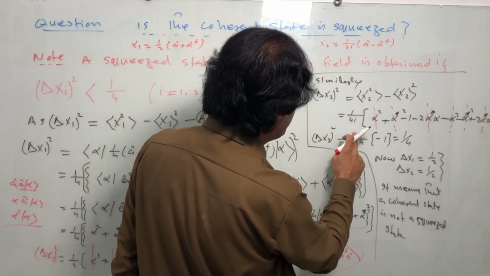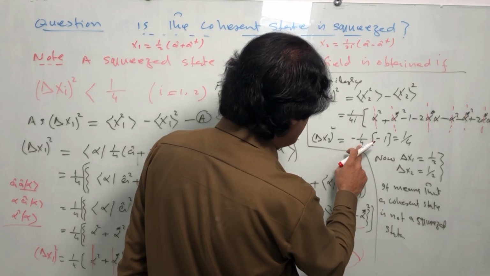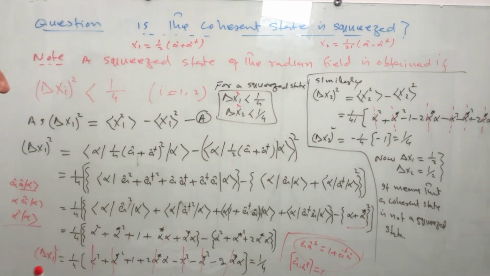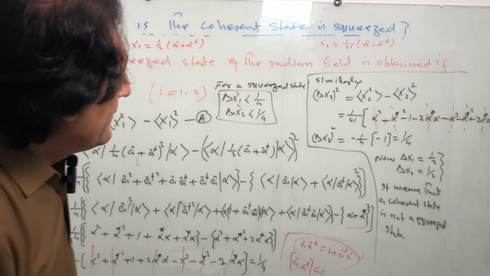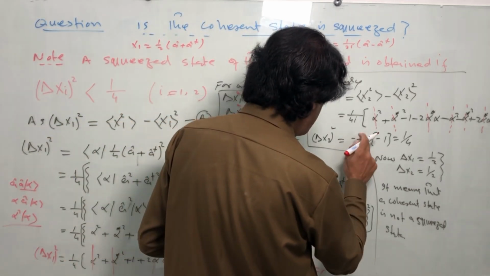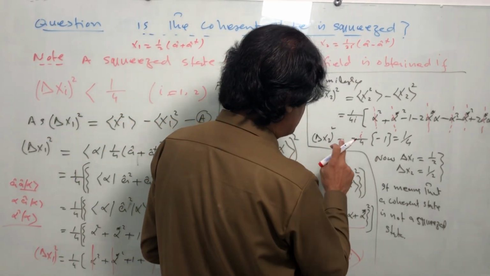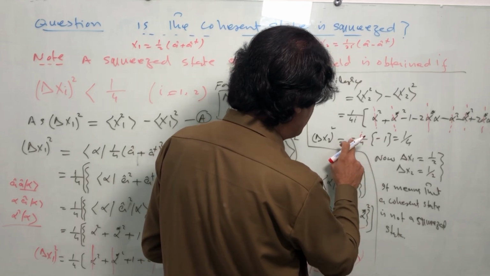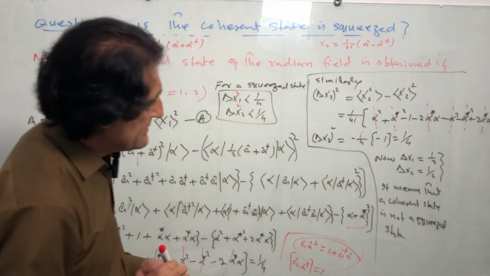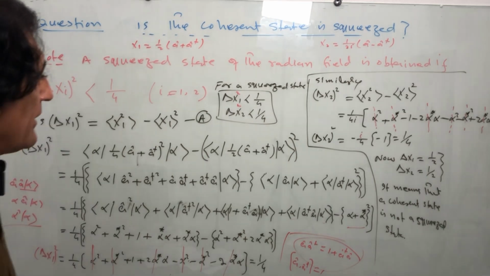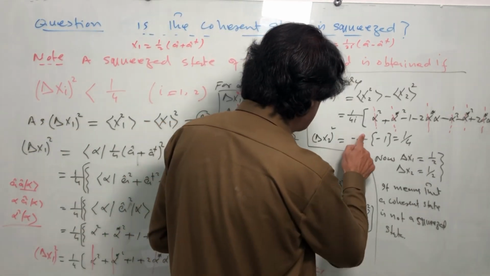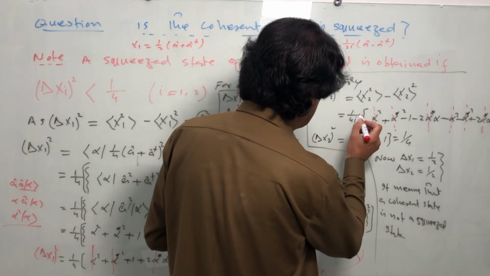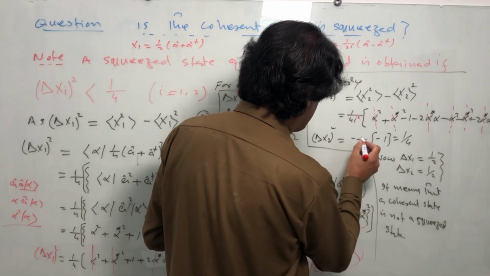Then you have minus 1/4 and here you have an i, but if we multiply this with this, one thing is missing, because here this is i squared.